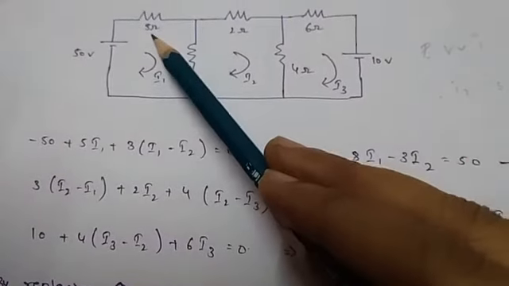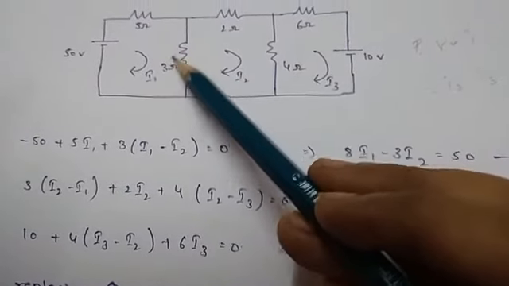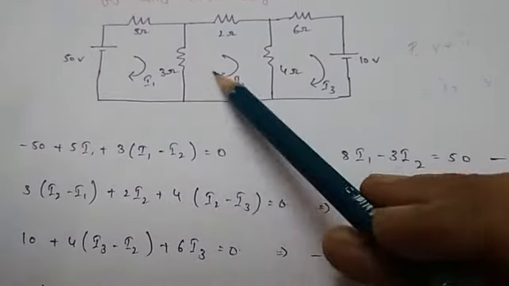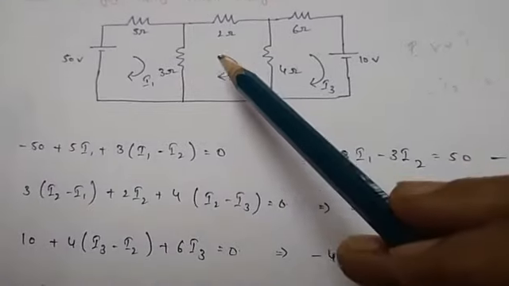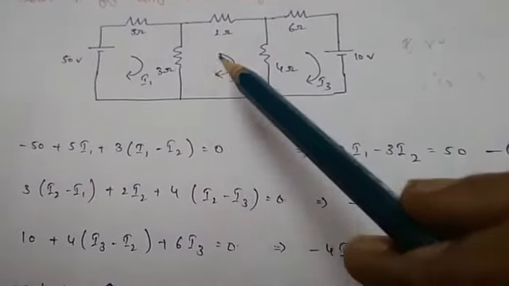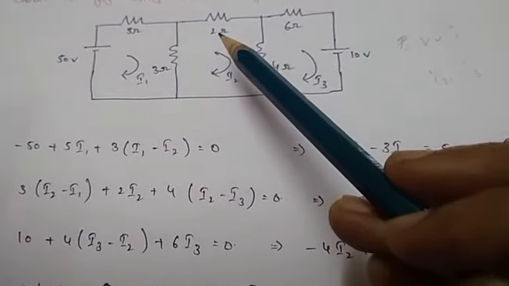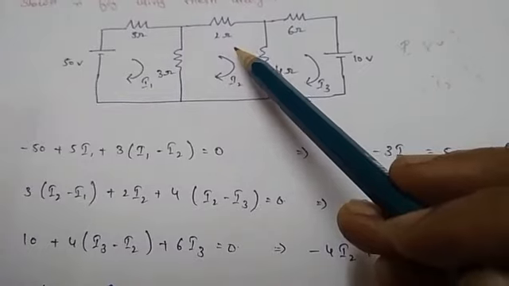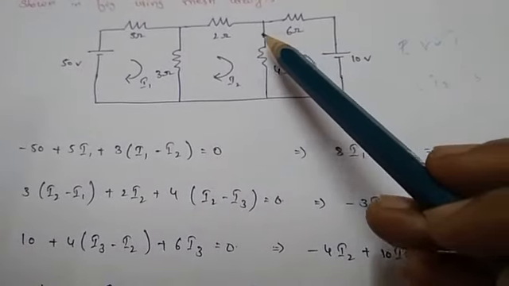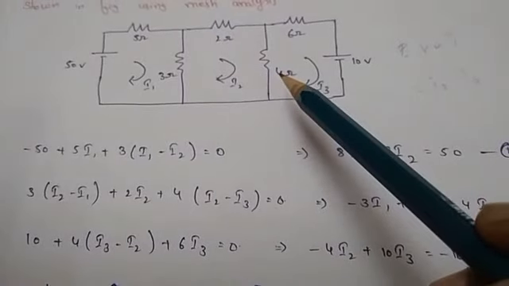So minus 50 plus 5 into I1 and 3, this is the direction we are assuming, so 3 into I1 minus I2. So this is the first equation, whereas coming to the second equation there are no sources, so 3 into I2, because I am going with the I2 direction, plus 2 into I2, as the current only flows through the second 2 ohms resistor, whereas coming to the 4 ohms resistor, I2 minus I3.